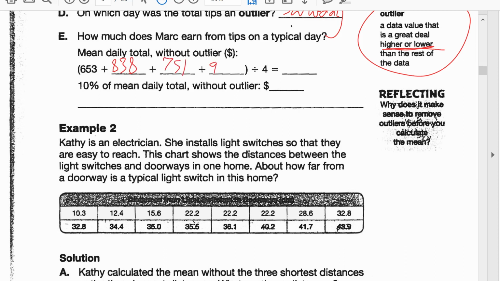the numbers without Saturday. Divide by 4. Oops. 798.50. 10% of that is 79.85.